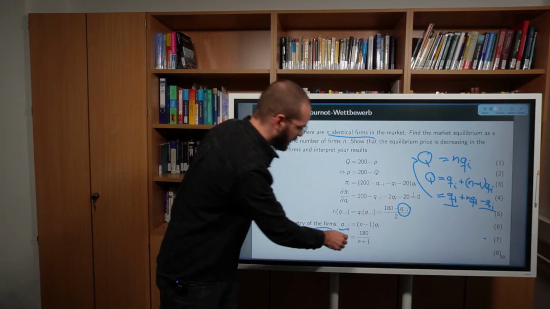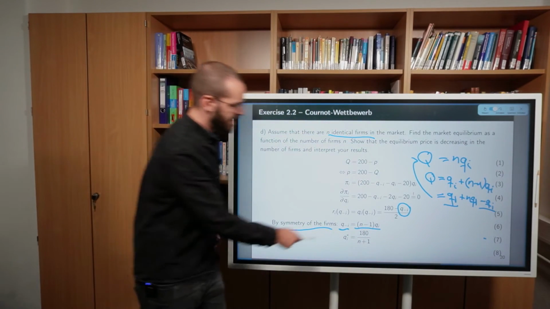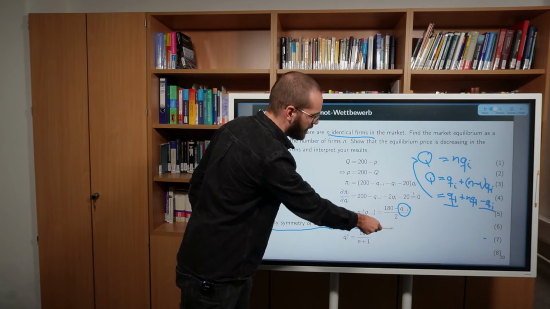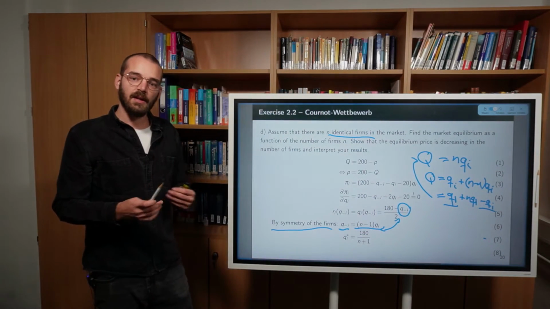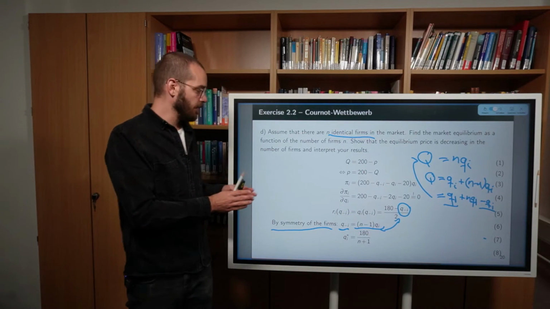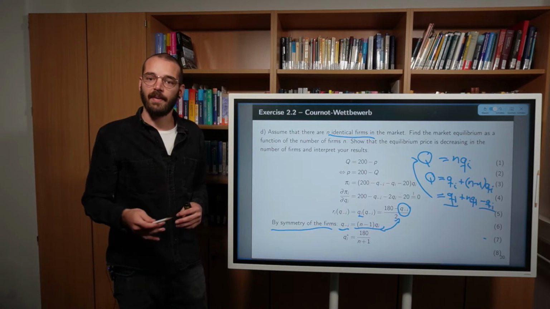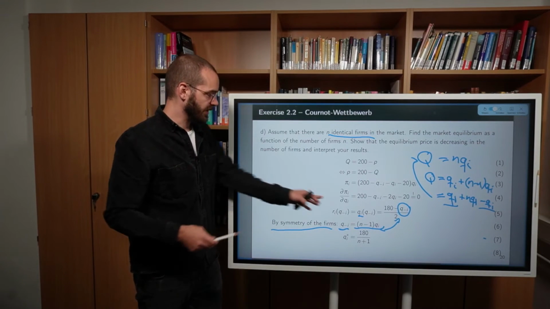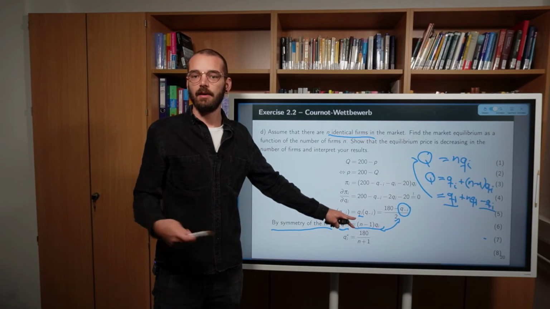And this of course means we can once again, by substituting Q minus i with the expression that we have just identified, restate the profit maximizing quantity of firm i, so the reaction function, as a function of Qi and Qi only, right?